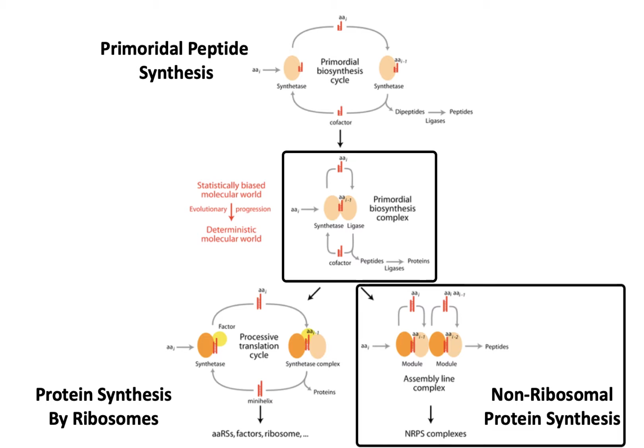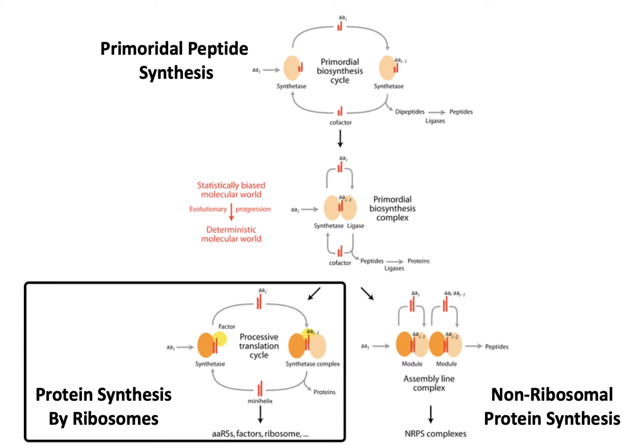And then you have this more refined system, which is what is present now, where you have the synthase, which adds the amino acid to the RNAs, and also the ligase that links dipeptides together into longer polypeptides. But you also have this system over here where it's become even more refined with more RNAs, more proteins to become ribosomal polypeptide processes that we know now as translation.